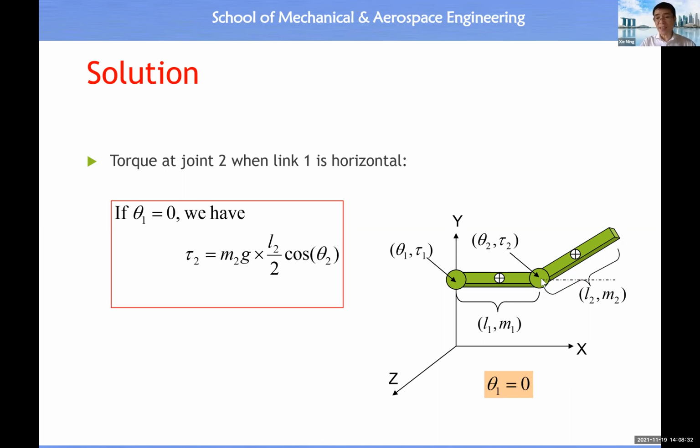So in order to maintain this angular position of link 2, assume the angular position of link 1 is 0. And later on you will see the orientation of link 2, or angular position of link 2, depends on the angular position of link 1. Therefore, based on this observation, immediately you understand robotic arm actually is not an LTI system.